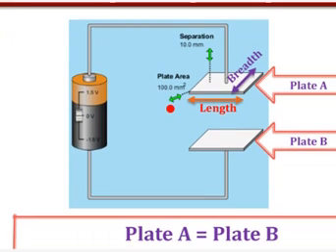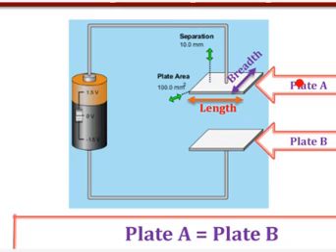On the screen, this is a battery, and this is a parallel plate that makes up a capacitor. A parallel plate capacitor is usually made up of two plates that are arranged parallel to each other.